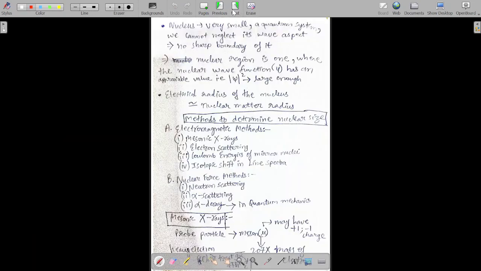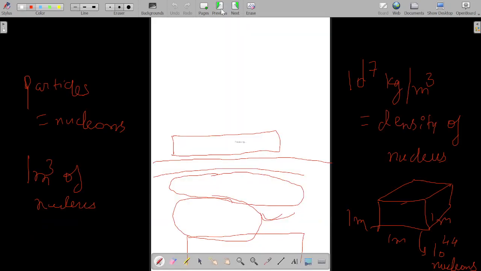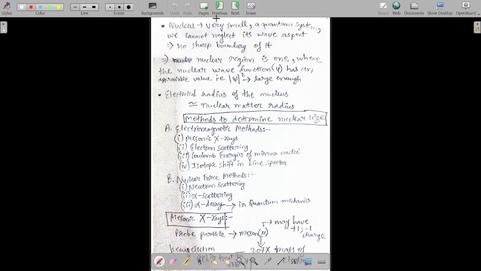Now you understood this, right? So the nucleus is a very small quantum system. Nucleus is a very small quantum system, so we cannot neglect its wave aspect.